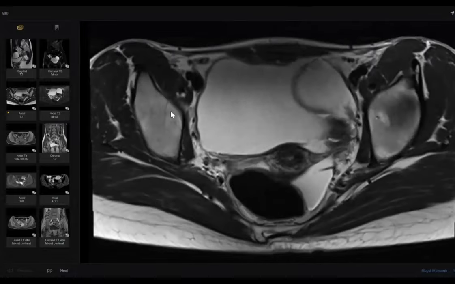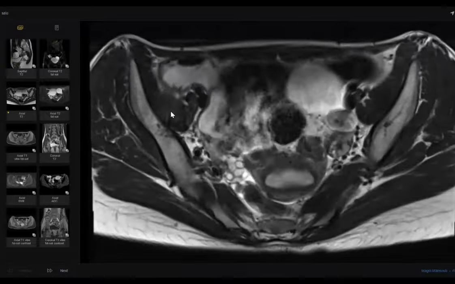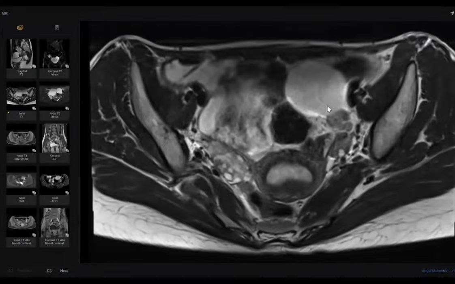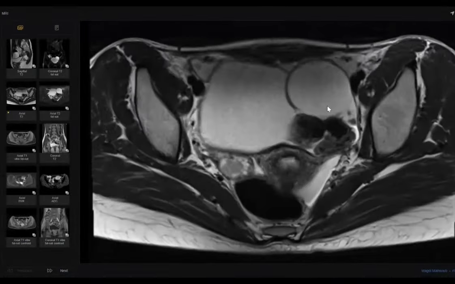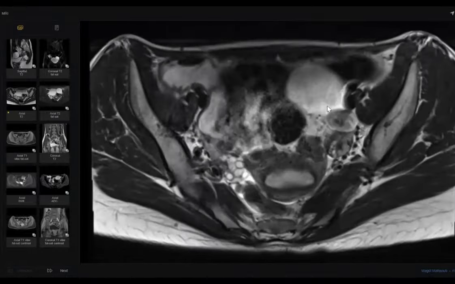There is some cyst. There appears to be some T2 shading kind of appearance.